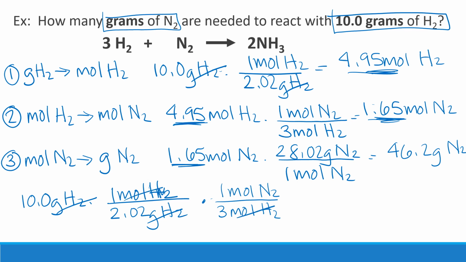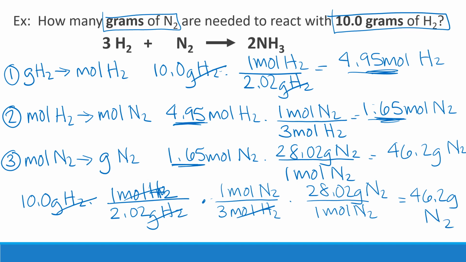Cancels out moles of H2. And then finally, 1 mole N2 is 28.02 grams of N2. And that still gets us to our answer, 46.2 grams of nitrogen, but with a lot less writing. Oops, I forgot to cancel out my moles of nitrogen.